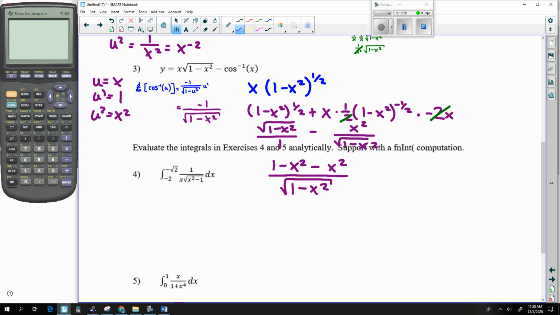And so this ultimately is negative 2x squared plus 1 all over the square root of 1 minus x squared. That's ultimately the derivative of x times (1 minus x squared) to the 1/2.